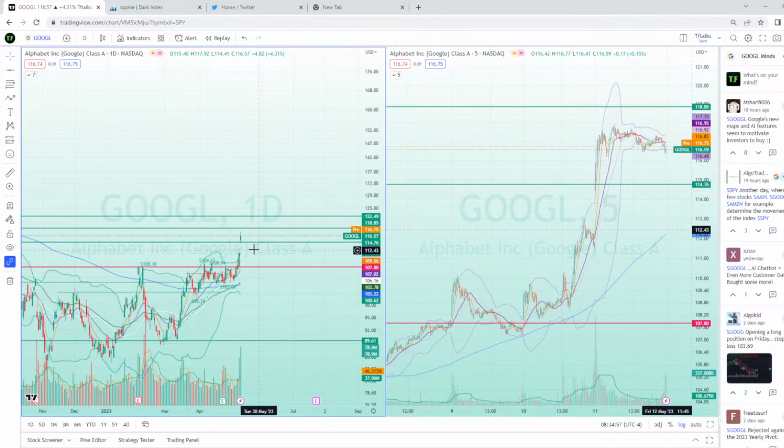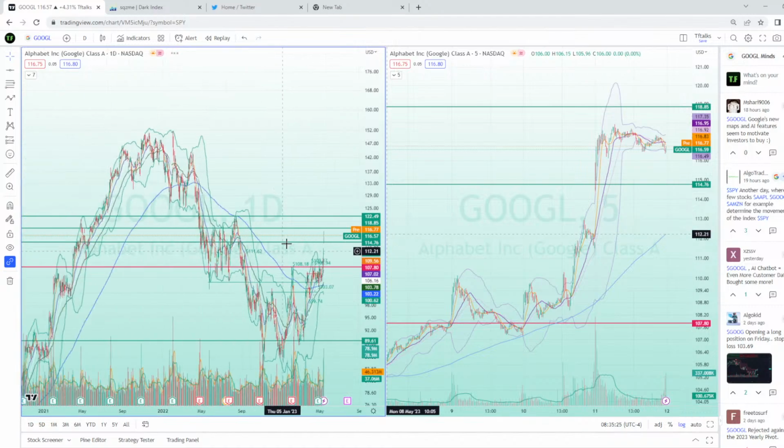If during these 2 months, June and July, there is any chance for Google to go back down to 107 or 110, I'll definitely buy this stock.